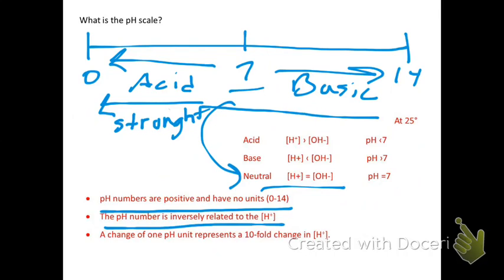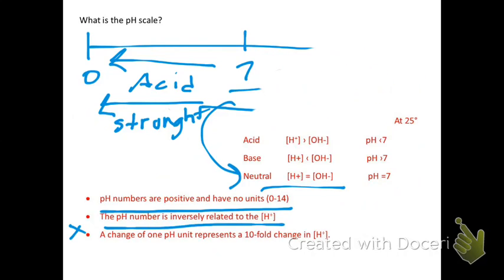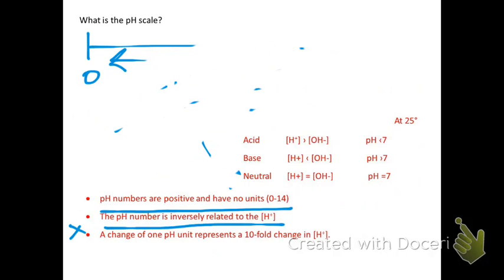The last thing I want to look at here is that a change in 1 pH unit represents a 10-fold increase in the H plus concentration. A 10-fold increase. That's pretty vital to understand. What that means is because the scale is on a log base 10 idea, when we change the pH by just one number, it increases the strength or the concentration of the acid 10 times.